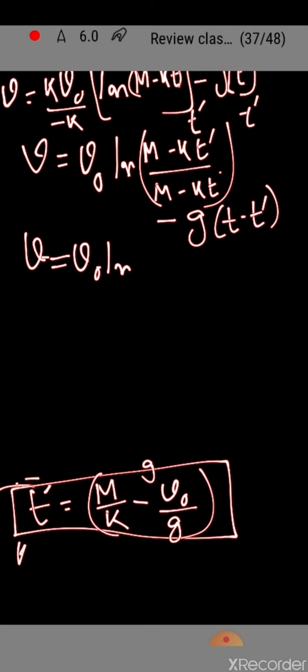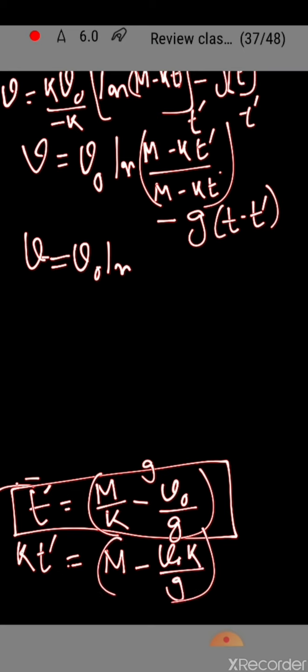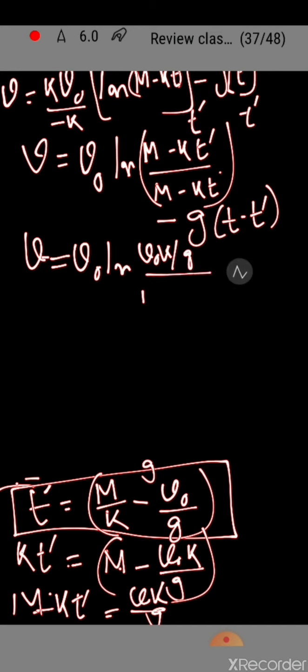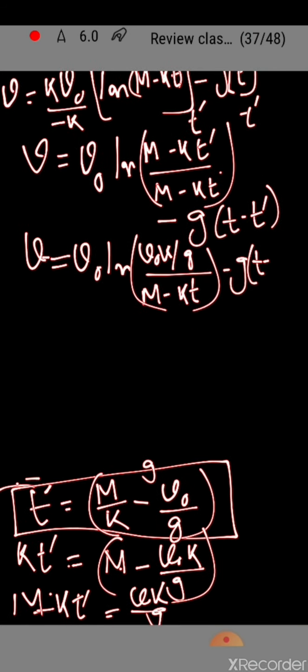If I multiply k with t dash, this k is cancelled out, minus v naught k by g. So in the numerator m minus k t dash, now this m will be cancelled out, leaving v naught k by g. So this is equal to ln of v naught k by g by m minus kt, minus g into t minus t dash.